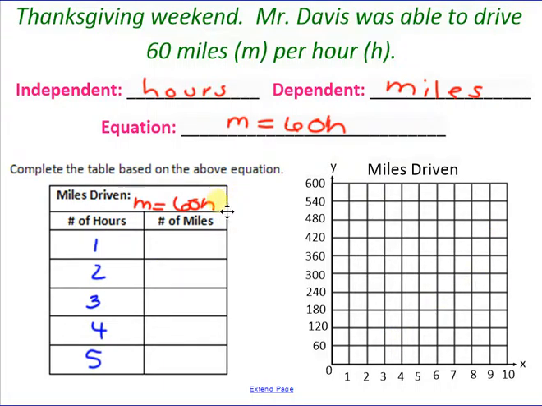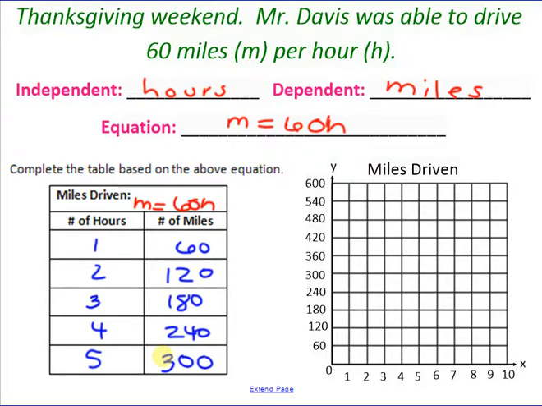So we need to plug it into 60. 1 times 60 is 60. 2 times 60 is 120. 3 times 60 is 180. 4 times 60 is 240. And 5 times 60 is going to be 300.